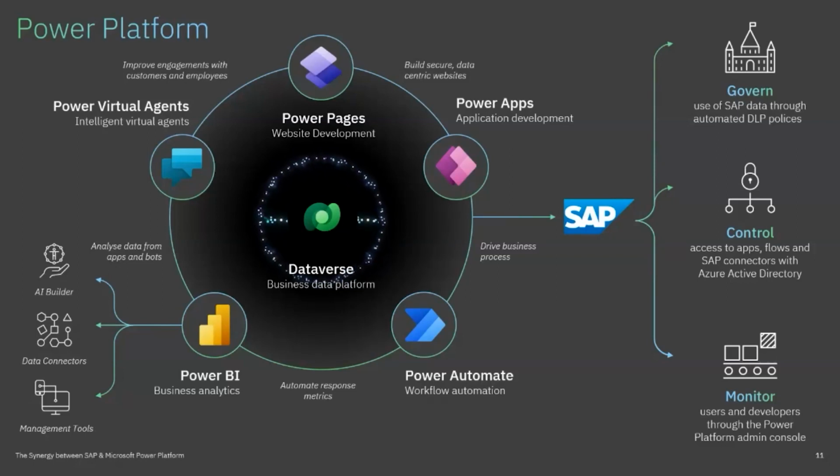And if you have a look at it, when the Power Platform is integrated to your SAP system, you get that governance, control, and monitoring, because it is through a single API, depending on how you set it up. That's what I'm going to suggest, that you get that control in place.